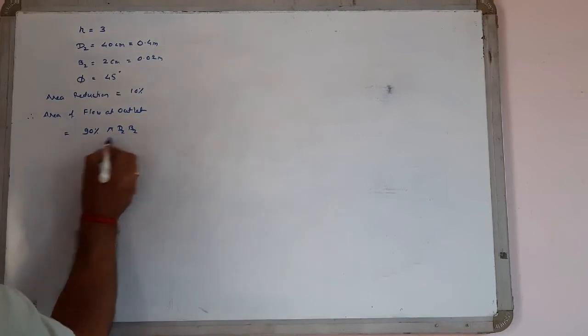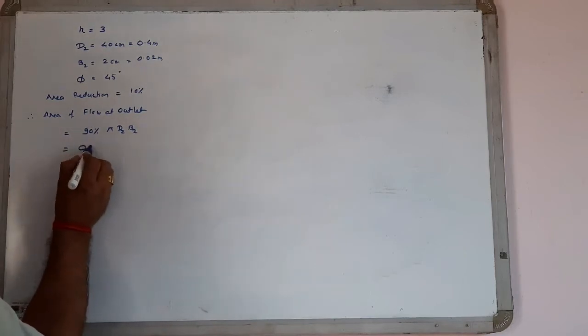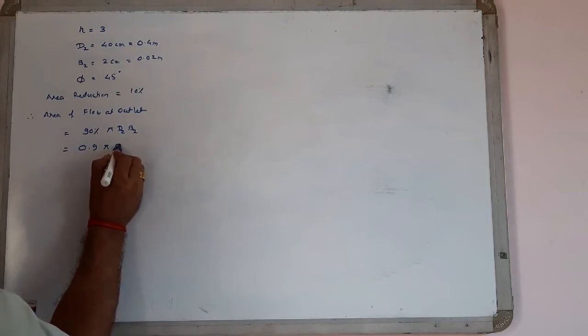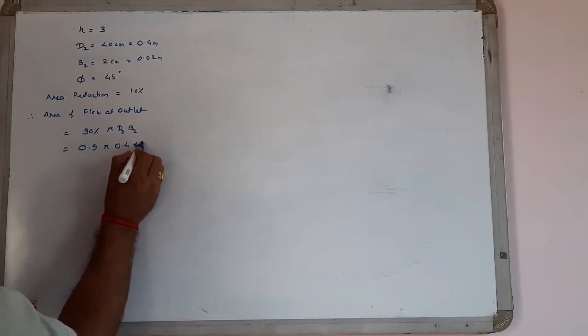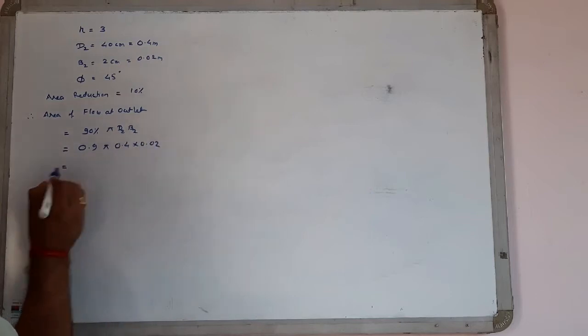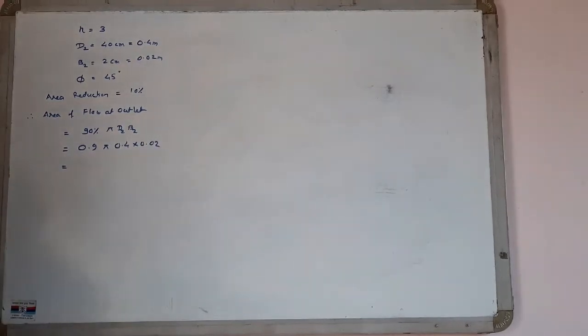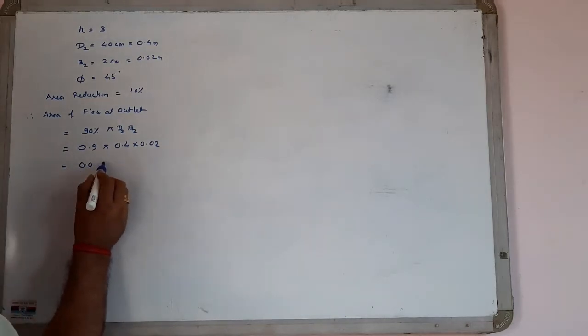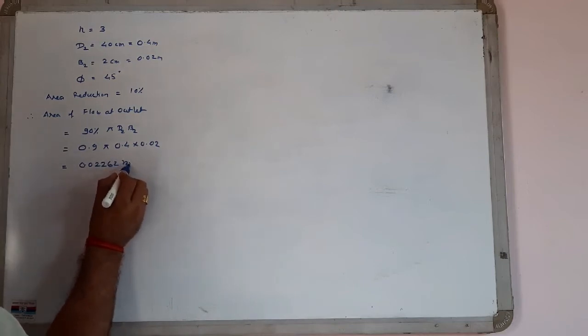So this is equal to 0.9 pi into 0.4 into 0.02. So this area comes 0.02262 meter square.